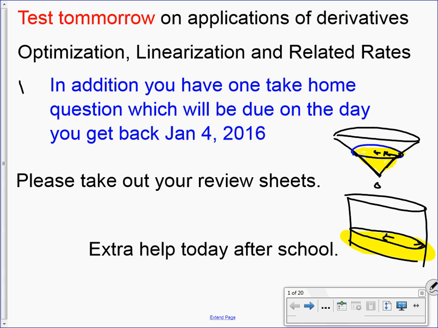And the only other words of encouragement that I'm going to give you, as a big hint, let's say you go through the first part and you figure out dV/dt for the coffee maker. Let's say you find out that dV/dt for the coffee maker is negative, it should be negative because the volume is decreasing, negative 2 cubic inches per minute. I'm just making that up, so that is not your answer.